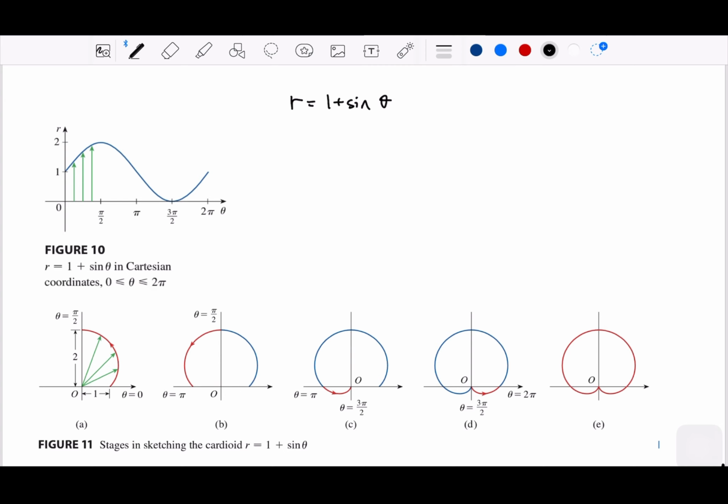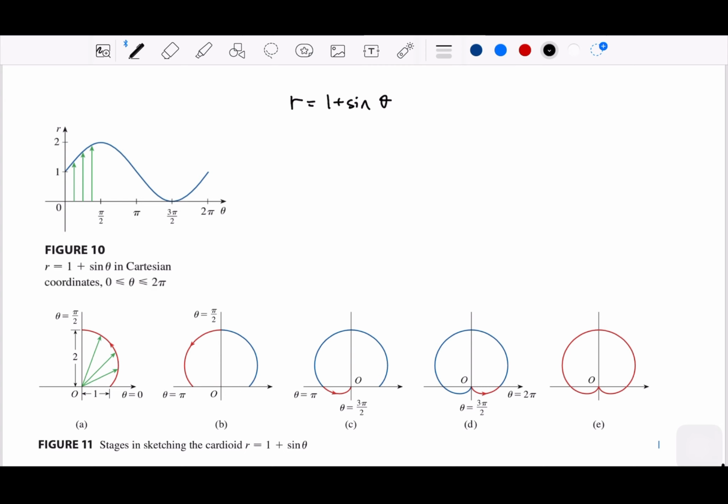Sine pi over 2 is 1, 1 plus 1 is 2, so it's going to be 2. And how do we know this part and make sure? We can know from each value for each special angle. Okay? And then do the same thing from pi over 2 until pi, like the previous circle, and you will get like this. Okay? And exactly this pi is on this polar axis, right?